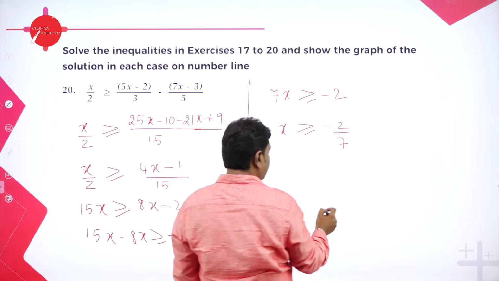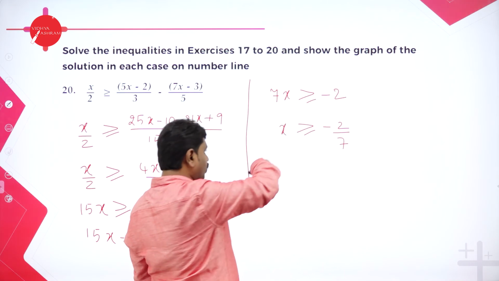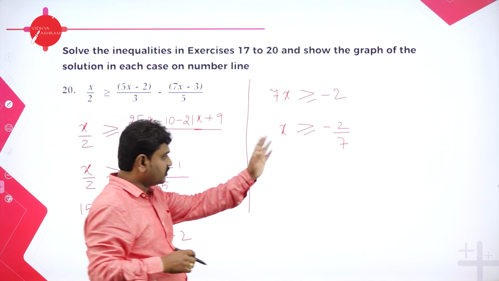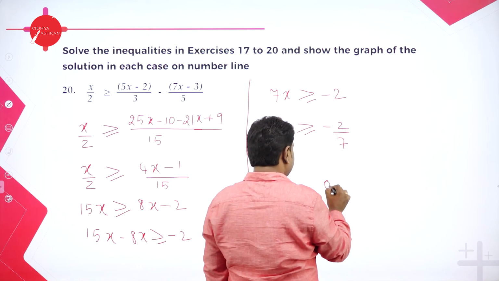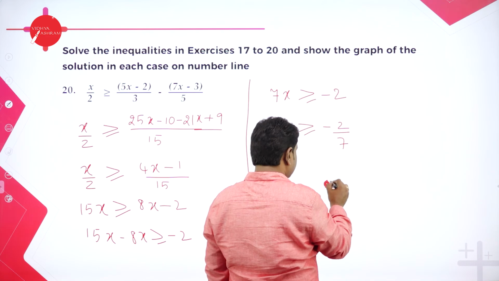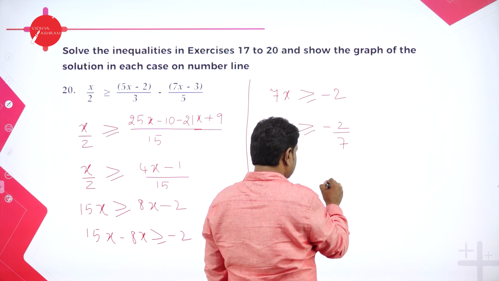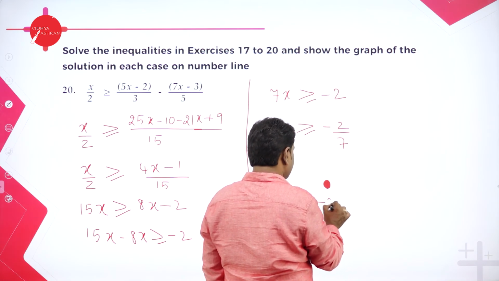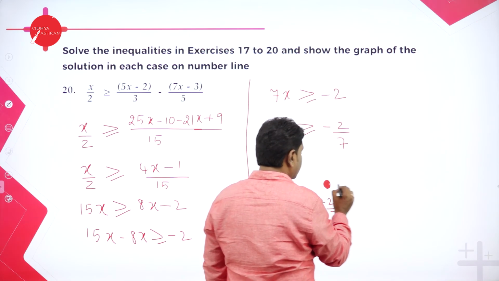On the number line, it is greater than or equal to, which means including minus 2 by 7, shade right. So this is minus 2 by 7, including, shade right.